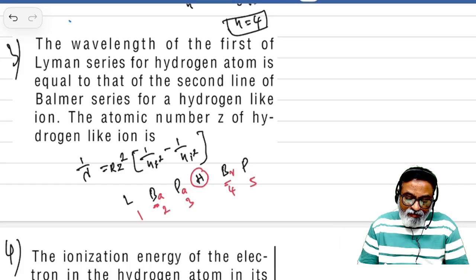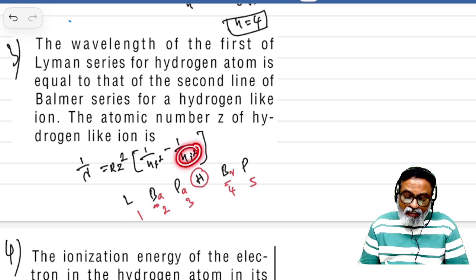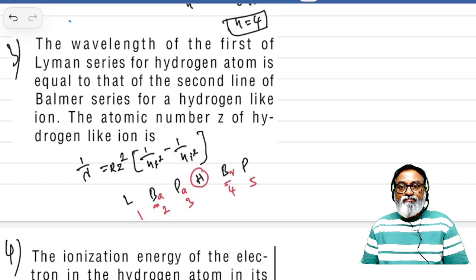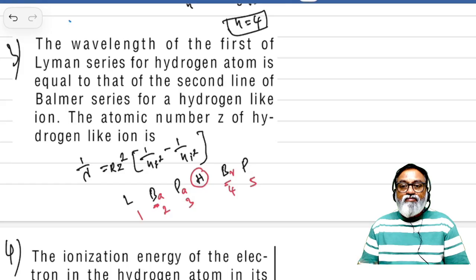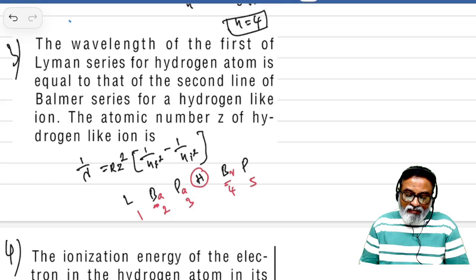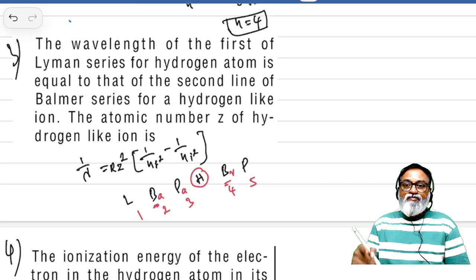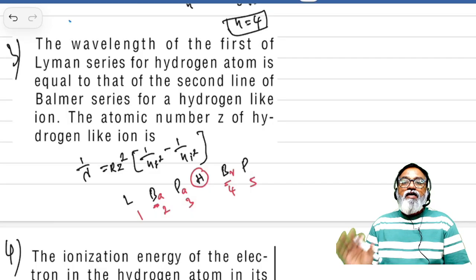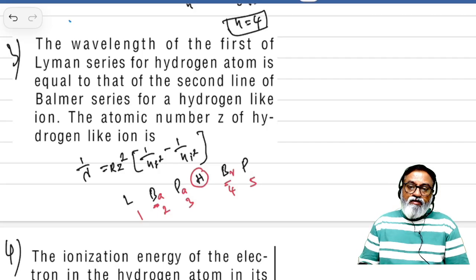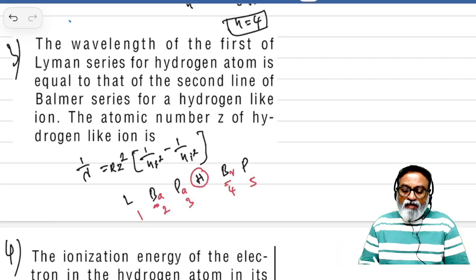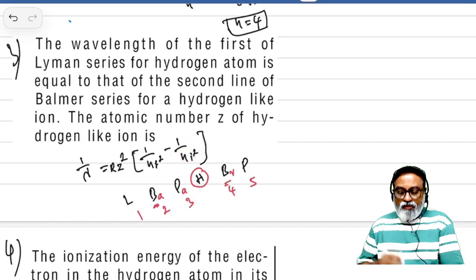For example, Lyman series, first line means n initial is our number plus 1, that is 2. Second line means our number plus 2, 3, like that. For example, Balmer series, first line means 2 plus 1, 3. And minimum wavelength is also known as series limit. For every series, for minimum wavelength, n initial is infinity. Therefore, 1 by infinity is 0.